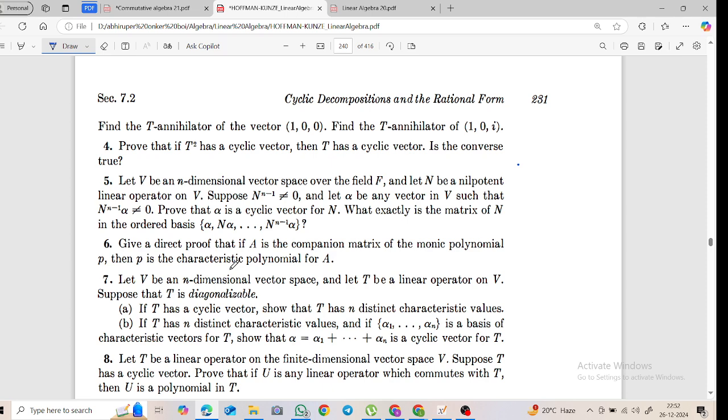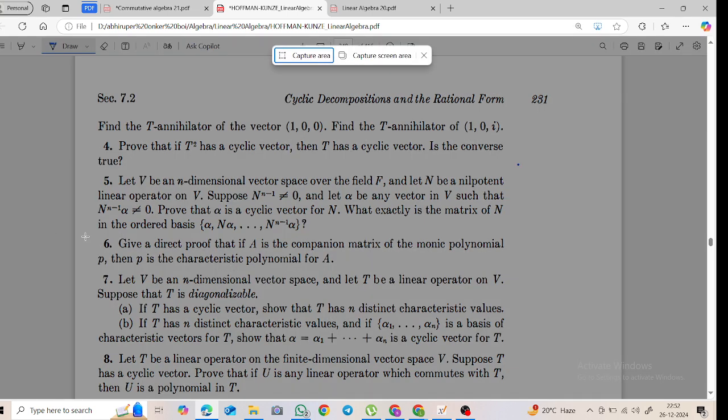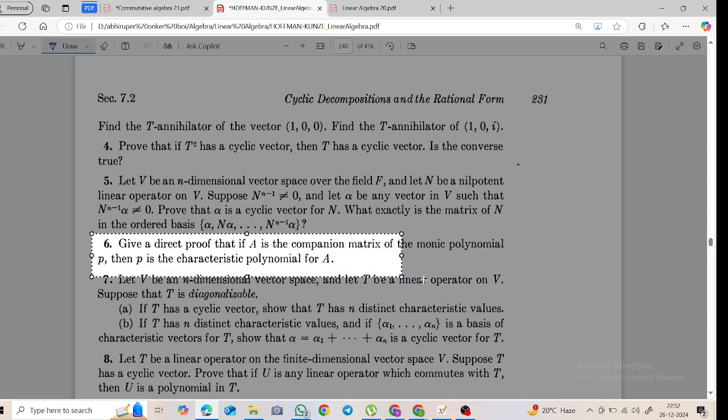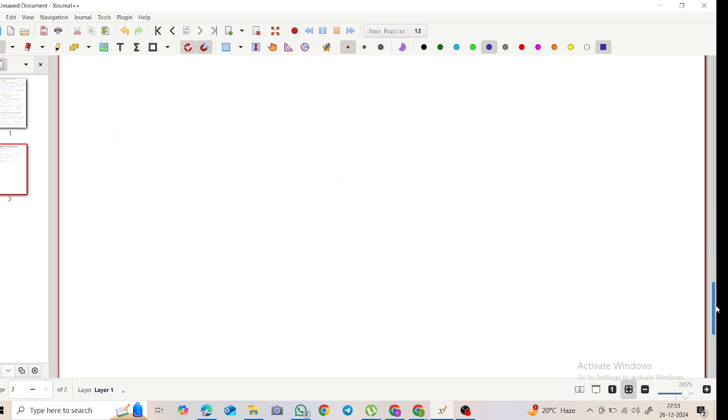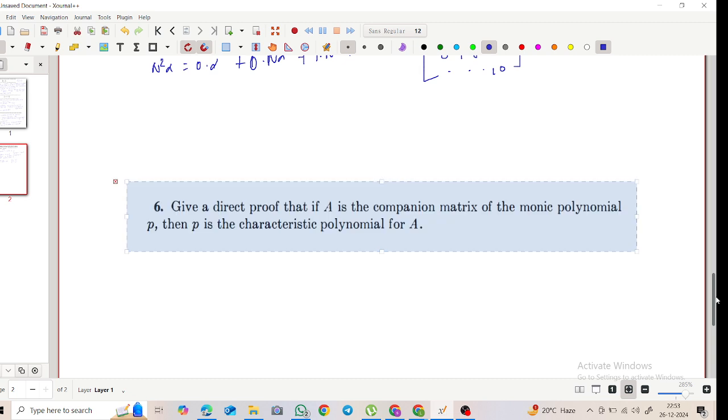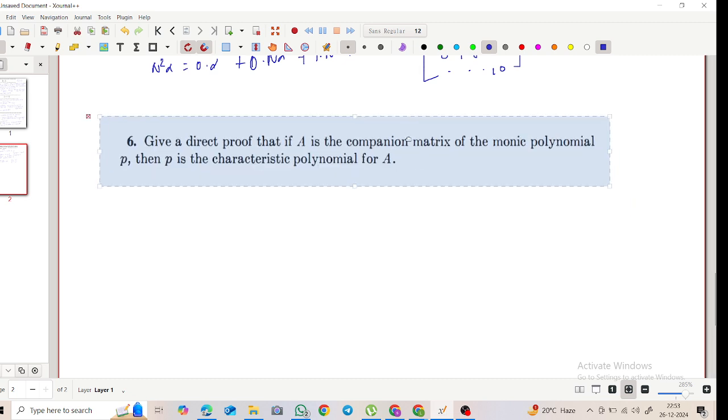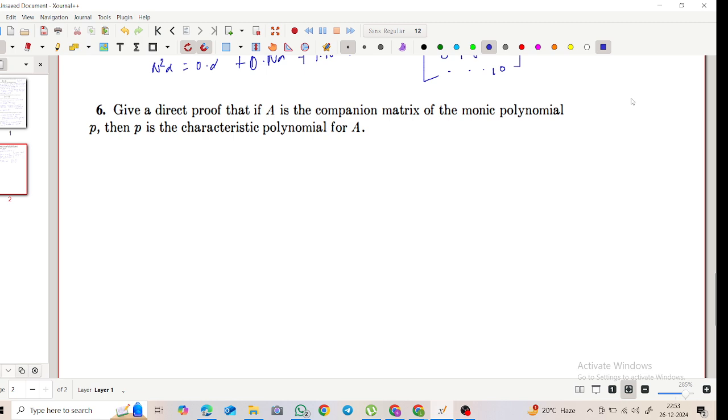So let's do number 6. We will have to give a direct proof that, given a polynomial, we have a companion matrix.